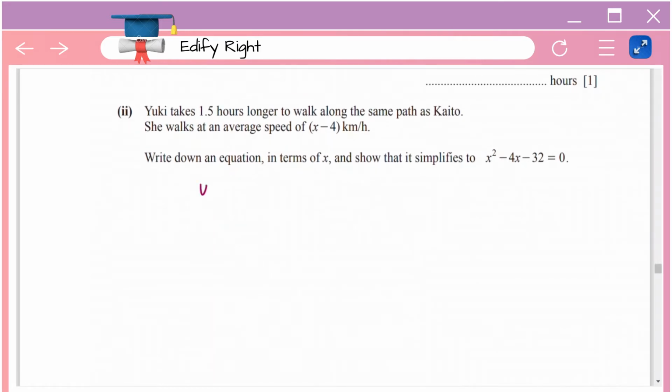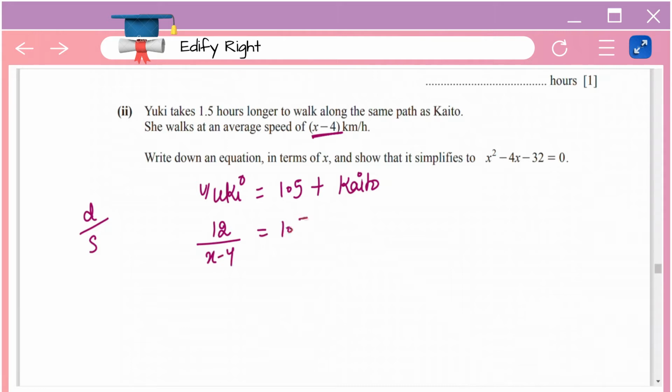Time taken by Yuki is longer than time taken by Kaito by 1.5 hours. So this is what the expression looks like. Now Yuki's time taken can be simply written in the same form, distance upon speed. So that is 12 upon speed x minus 4 equal to 1.5 plus 12 by x.